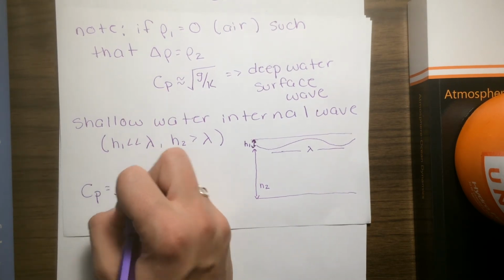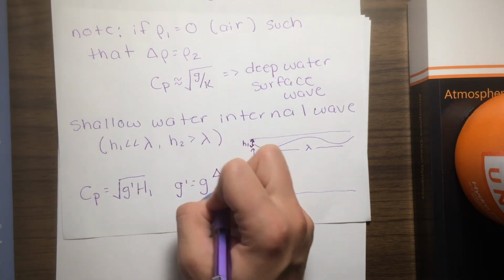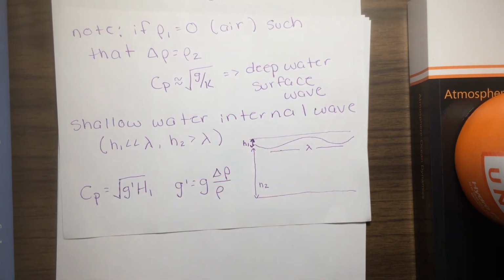In this case, our phase speed is equal to the square root of g prime h1, where g prime is equal to the gravitational acceleration g times delta rho over rho.